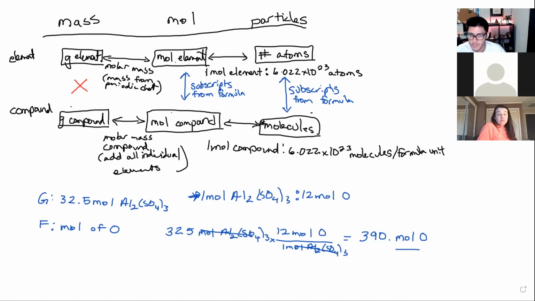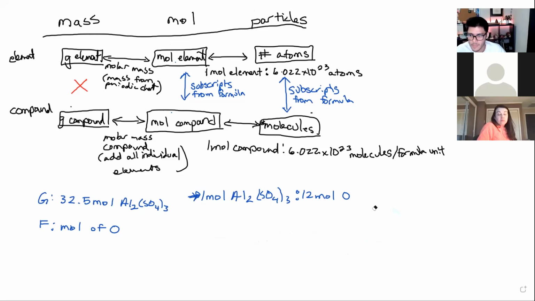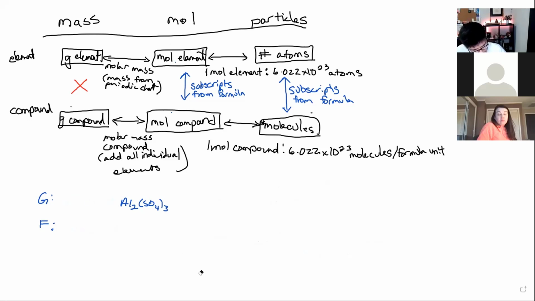So let's try it out. I'll do one for you guys, and then I'll have you work on one. Let's just do it for aluminum sulfate. Okay, we'll keep aluminum sulfate is what we're talking about. So let's say we have 14.75 grams of aluminum sulfate.